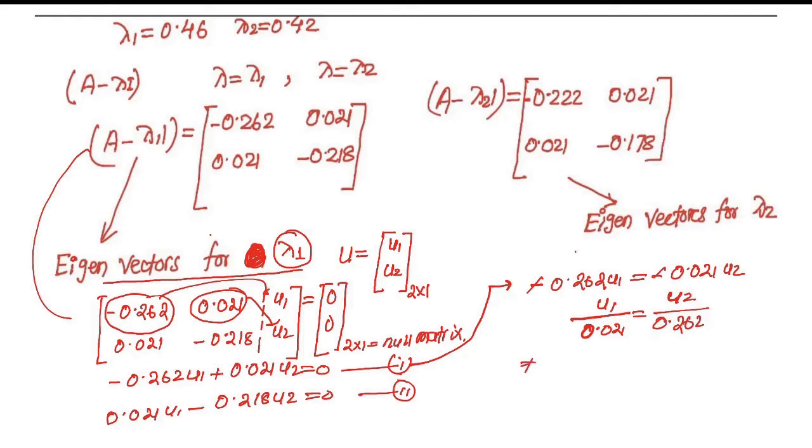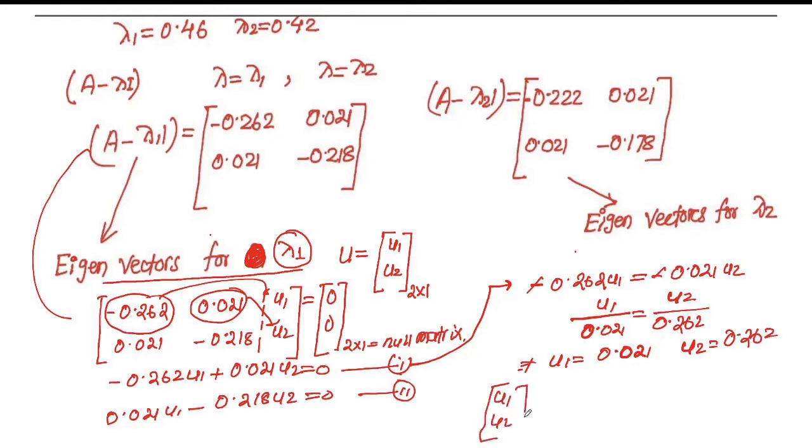So from here U1 is equal to 0.021 and U2 is equal to 0.262.